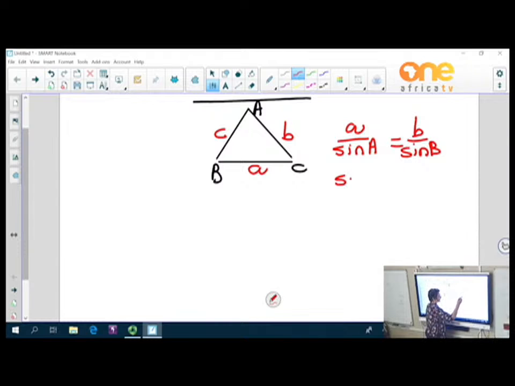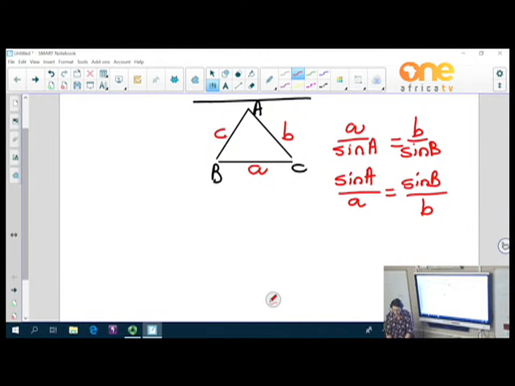But if it is an angle, then we say sine A over A is equal to sine B over B. So the one that we want to find is in the left-hand top. In your textbook, it starts on page 467 where they explain it, and we're looking now at try now 27, page 468.